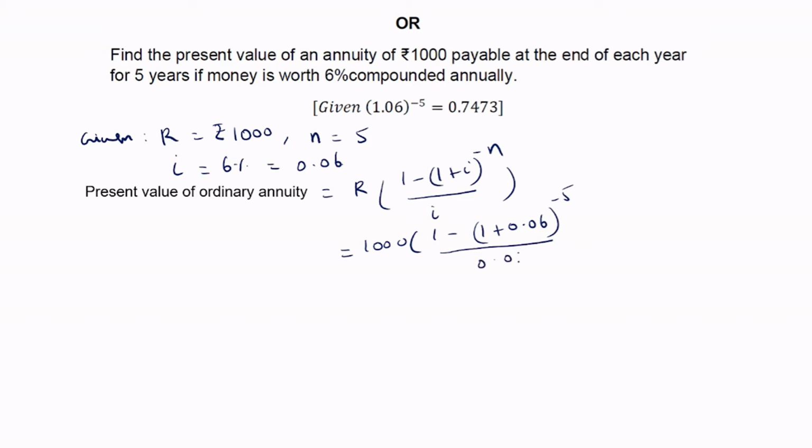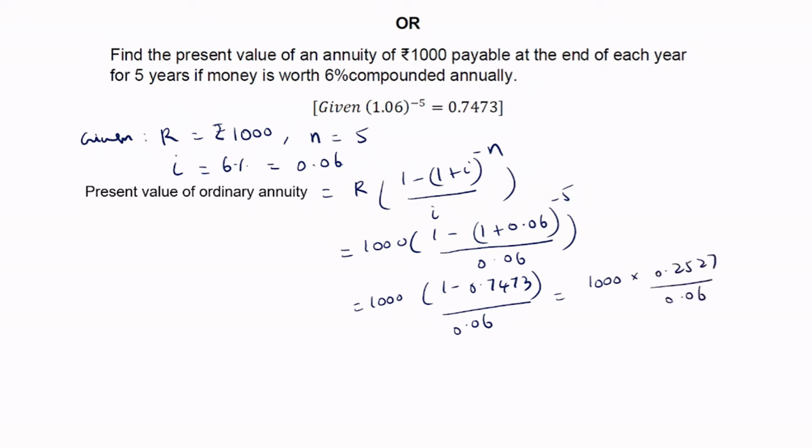upon 0.06. So this is equal to 1000 into, here 1.06 the whole raised to minus 5 is 0.7473, so 1 minus 0.7473, which is 0.2527, upon 0.06.